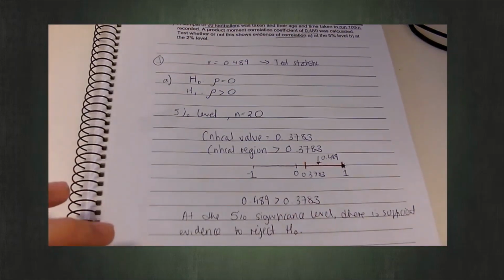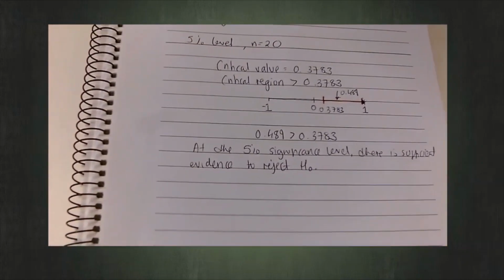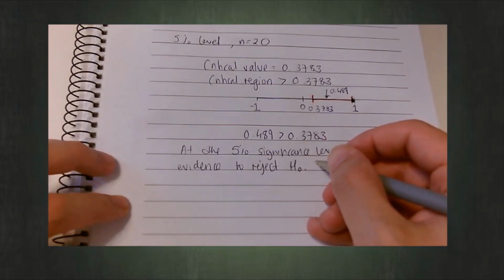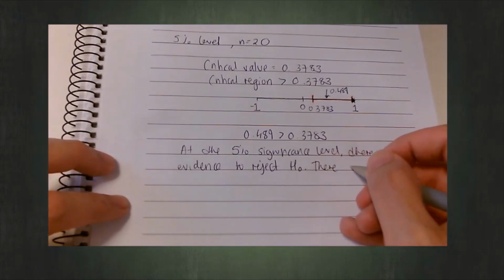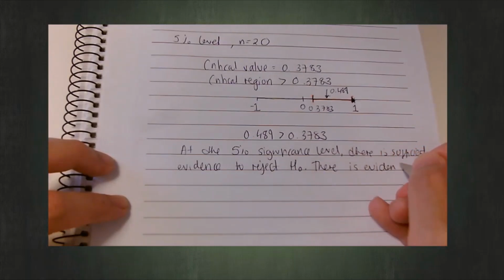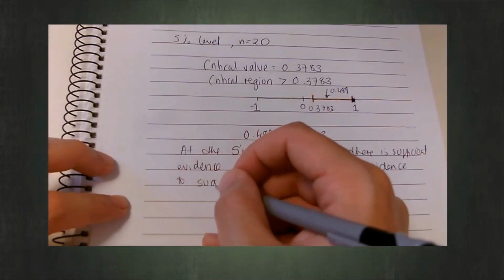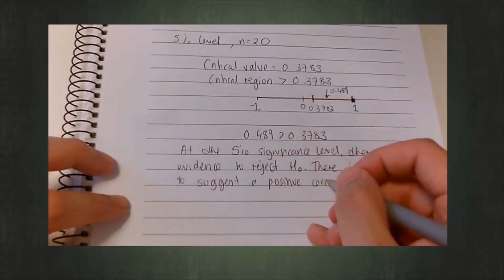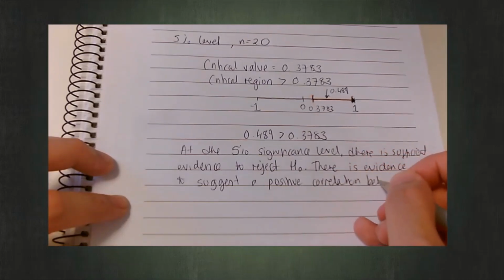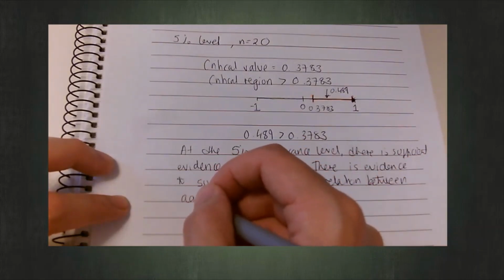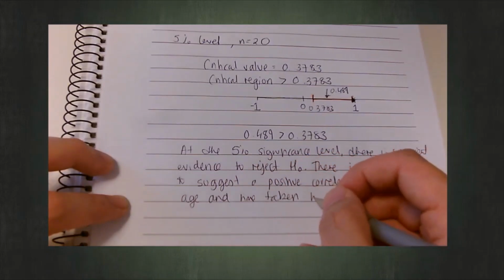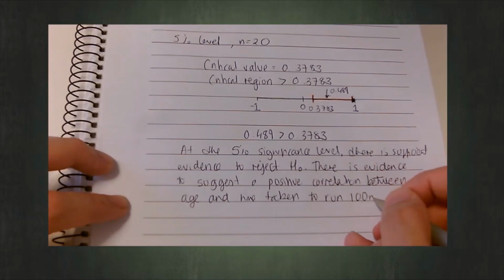You also have to give your conclusion in context. So you'd also have to say that there is evidence to suggest a positive correlation between age and time taken to run 100 meters.